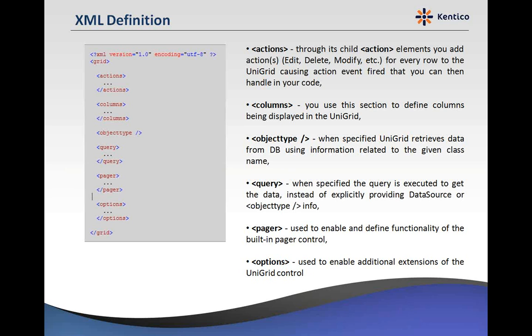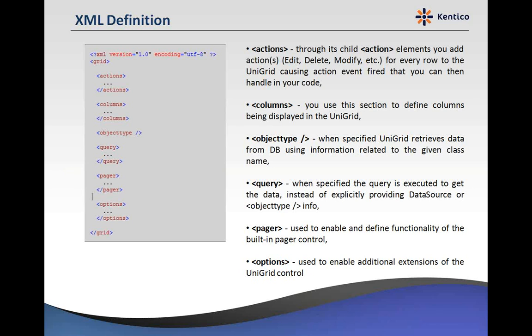What you can see here is the basic structure of the XML file that you will more or less follow when you create your XML definition for your custom control using the UniGrid. It's not necessary to always include all those sections within your XML definition file.